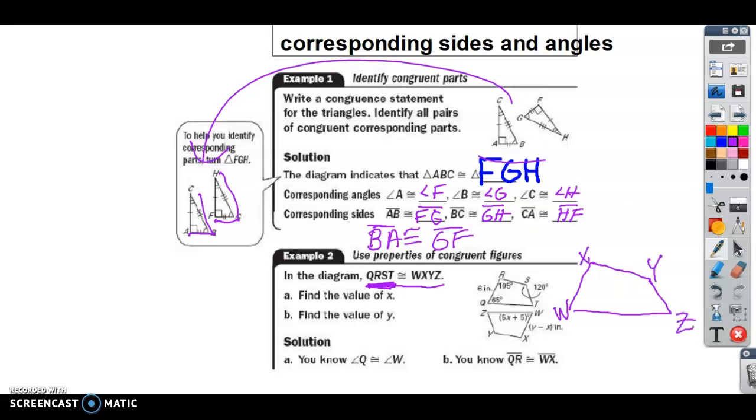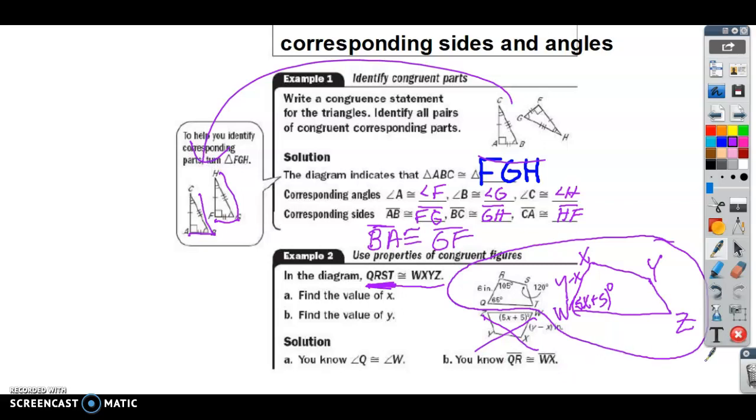Now I'm just going to copy what's in this diagram, 5x plus 5 degrees, and WX is y minus x, and what else am I missing? Is that it? Okay, so now I am looking at my new triangle and the triangle that they drew. I'm not even looking at this one anymore.